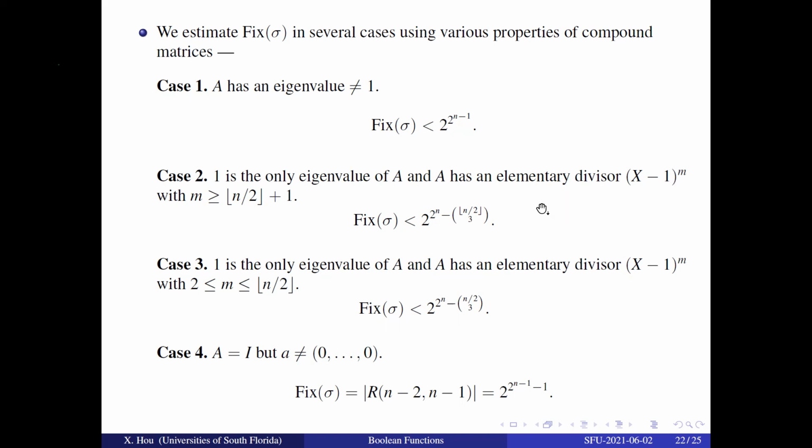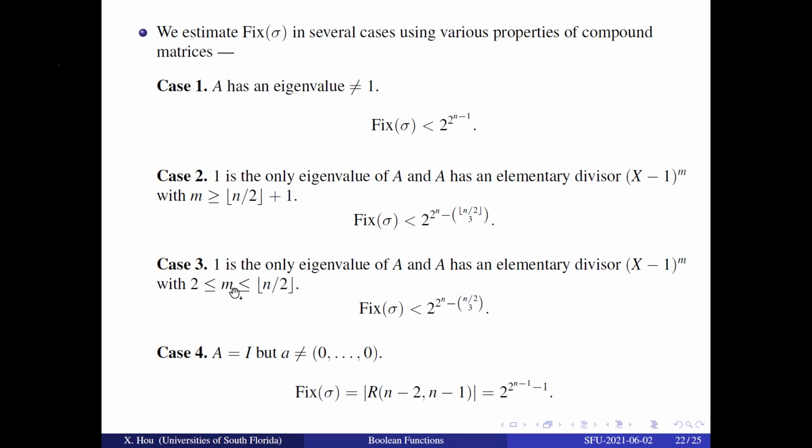So in the second case, we assume that A has an elementary divisor (x minus 1) to the power m, where m is greater than half of n. In this case, we can show that fixed sigma is bounded by 2 to the power n minus, this is about, n over 2 choose 3.